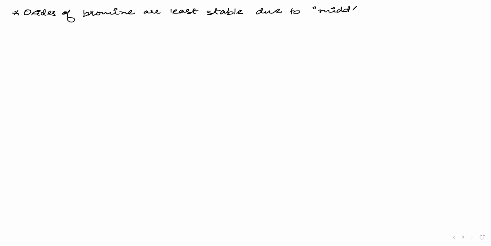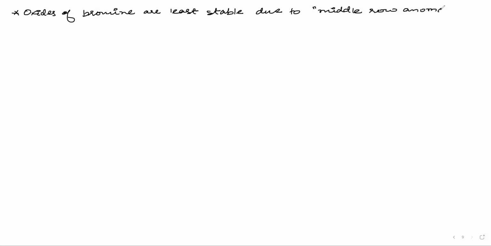Now write one point that is important in remarks. Oxides of bromine are least stable, most reactive, due to middle row anomaly.